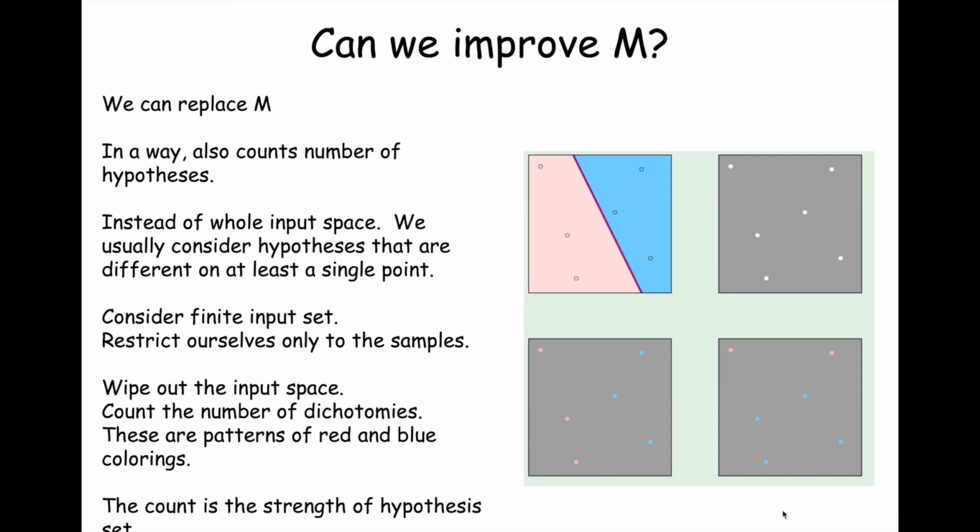So rather than counting all those uncountably infinite number of hypotheses that produce the same labeling, we only count it once, i.e. that particular labeling. So we're going to use the idea of the assignment of +1 and -1 labels to these in-sample points as the descriptor for a hypothesis instead of the actual weights. Does that make sense? Okay, any questions about this?